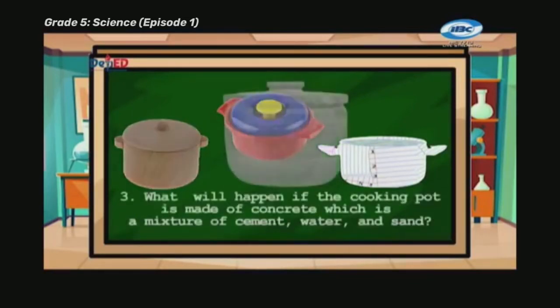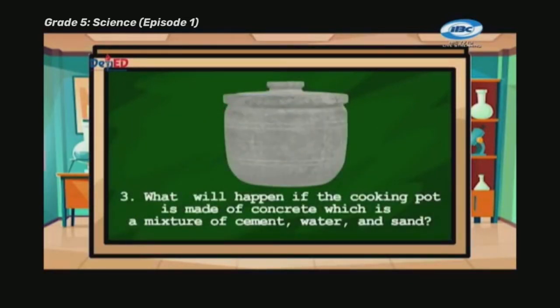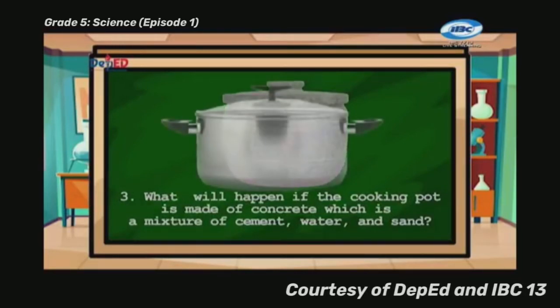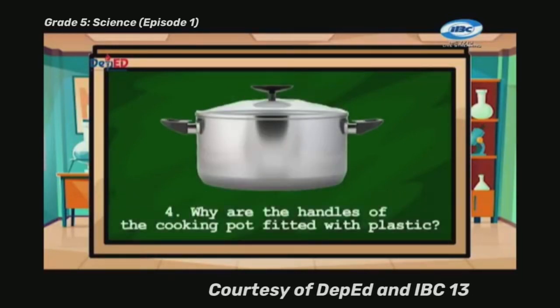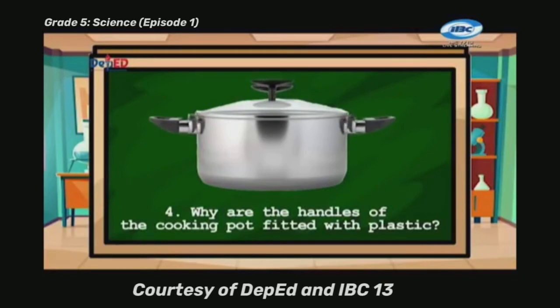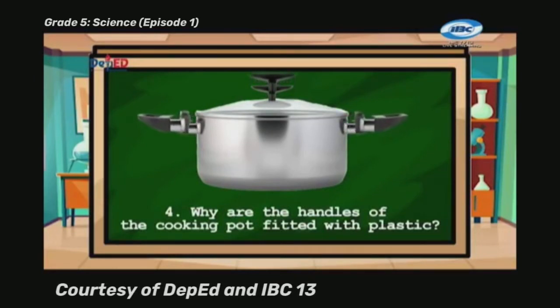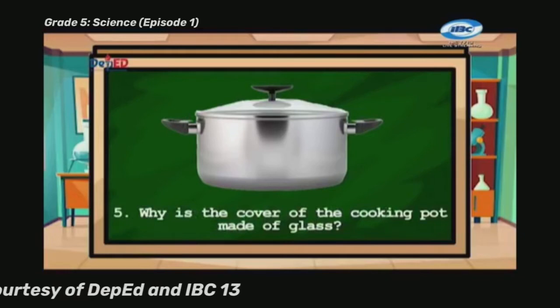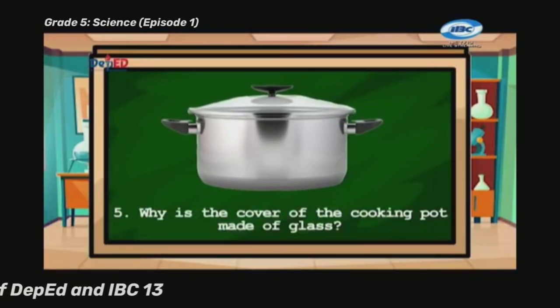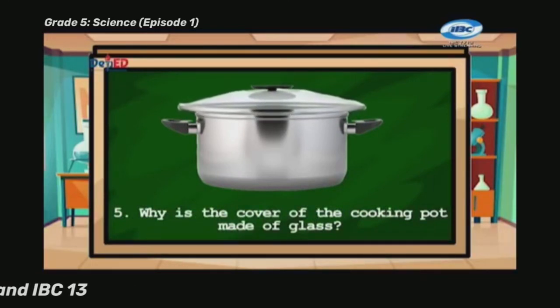Number 3. What will happen if the cooking pot is made of concrete, which is a mixture of cement, water, and sand? Number 4. Why are the handles of the cooking pot fitted with plastic? Number 5. Why is the cover of the cooking pot made of glass?